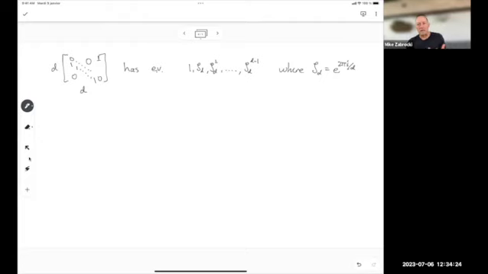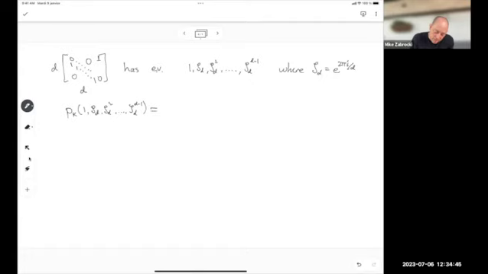I'm evaluating a symmetric function at these roots of unity. So I'm going to take a power sum and evaluate it at 1, zeta D, zeta D squared, up to zeta D to the D minus 1.